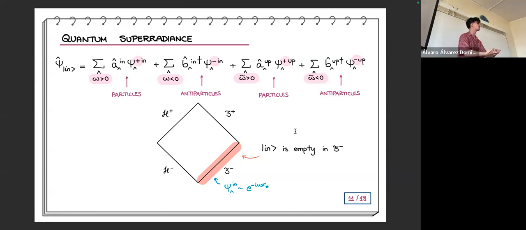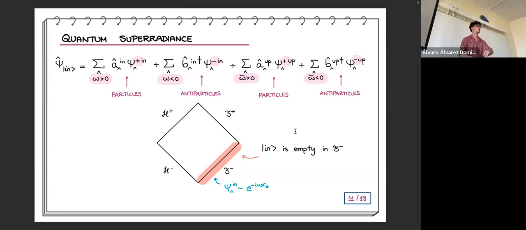You define your Minkowski quantum vacuum that doesn't have any excitation, because it doesn't have any curvature. You don't have an electromagnetic field, you don't have a gravitational background that makes excitation of particles. So basically, we have chosen a vacuum that behaves as the Minkowski vacuum, but only in scri minus. Only asymptotically far away from the horizon in the asymptotic past. Okay? This is the in quantum vacuum. Any question? Because I think it's the most non-trivial part.